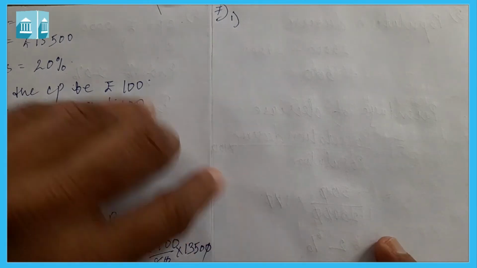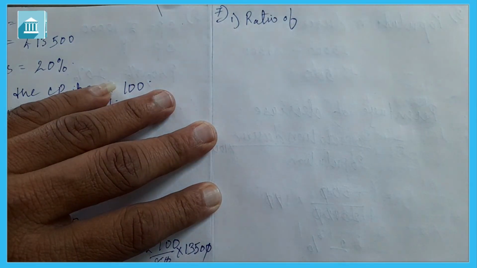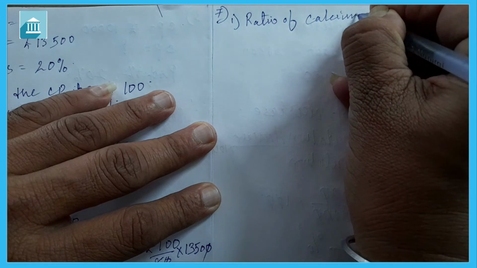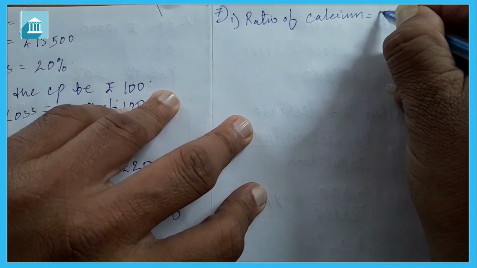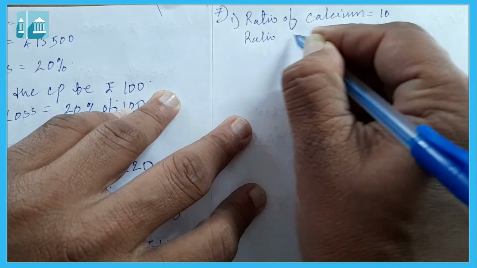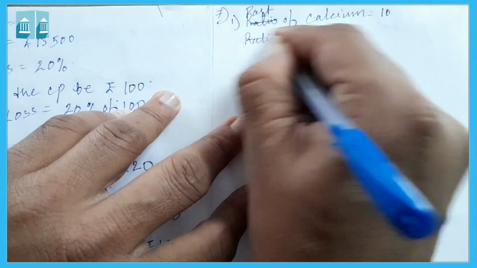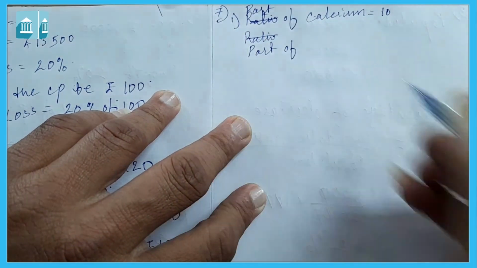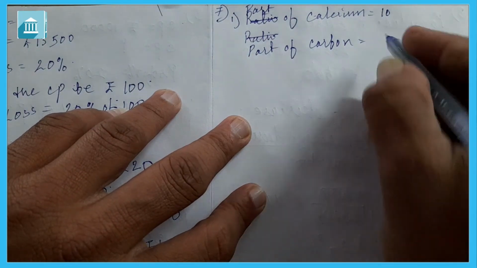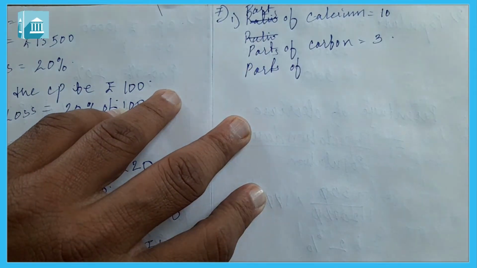So we can say that the ratio of calcium, carbon and oxygen is given here: 10 parts of calcium, then 3 parts of carbon, and 12 parts of oxygen.